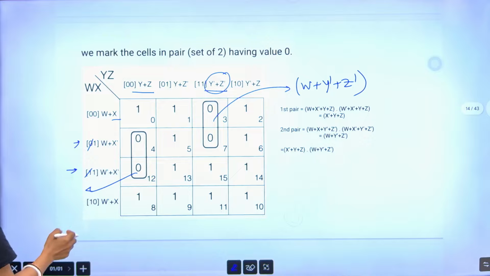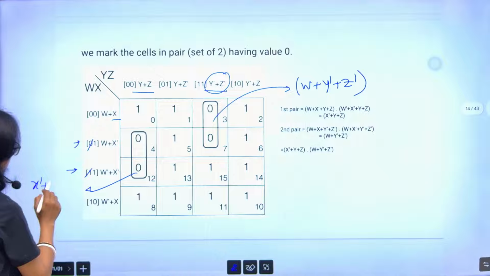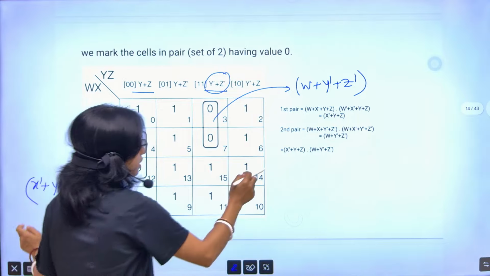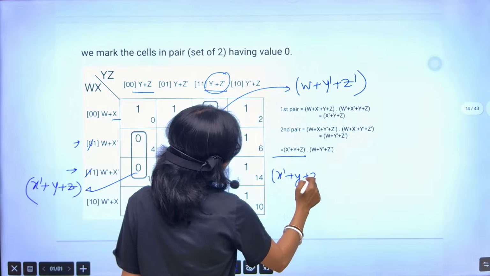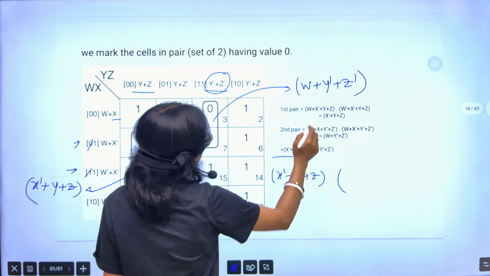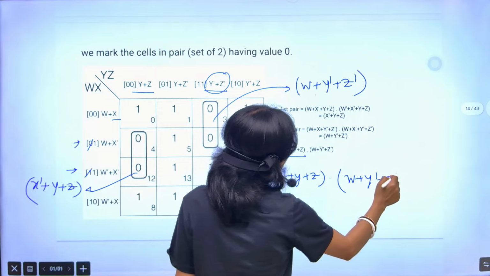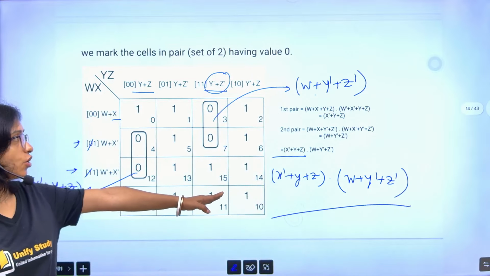Here it is 1 1, that means it is x bar. So you are getting here x bar plus y plus z. So the final answer is x bar plus y plus z dot, from here we got W plus y bar plus z bar. So this is your final answer for POS.